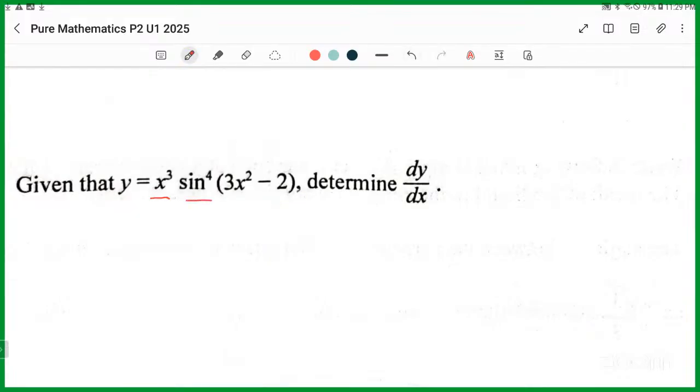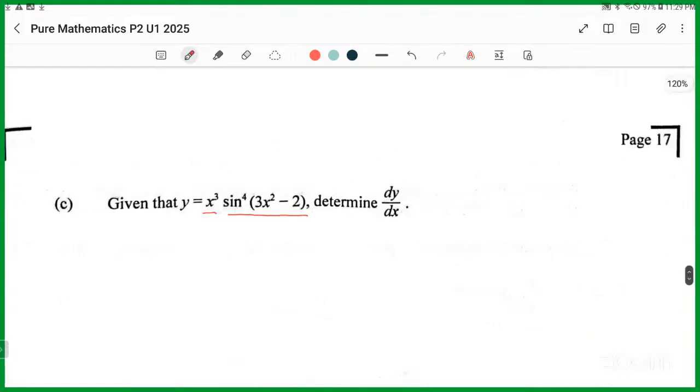So that's another simple curve: that times that. Let's write this as a power function first. So y is equal to x cubed, and now I'm going to write this as sine of 3x squared minus 2, all to the power 4.